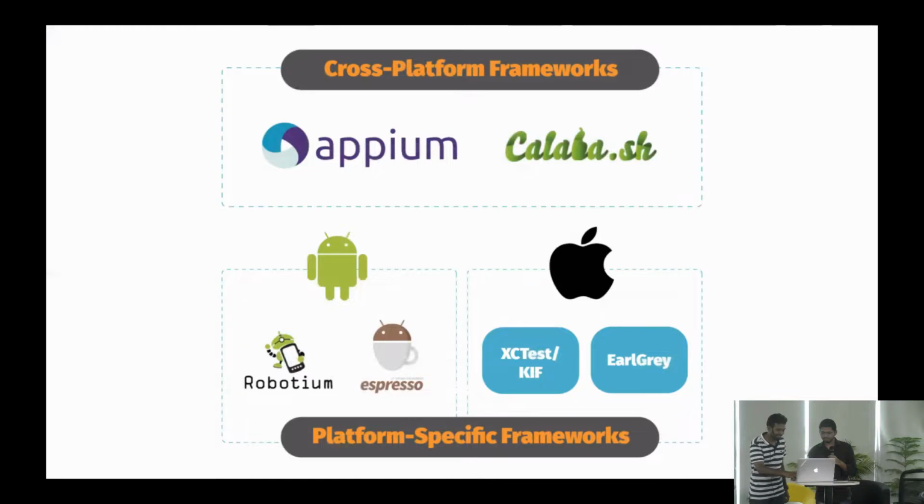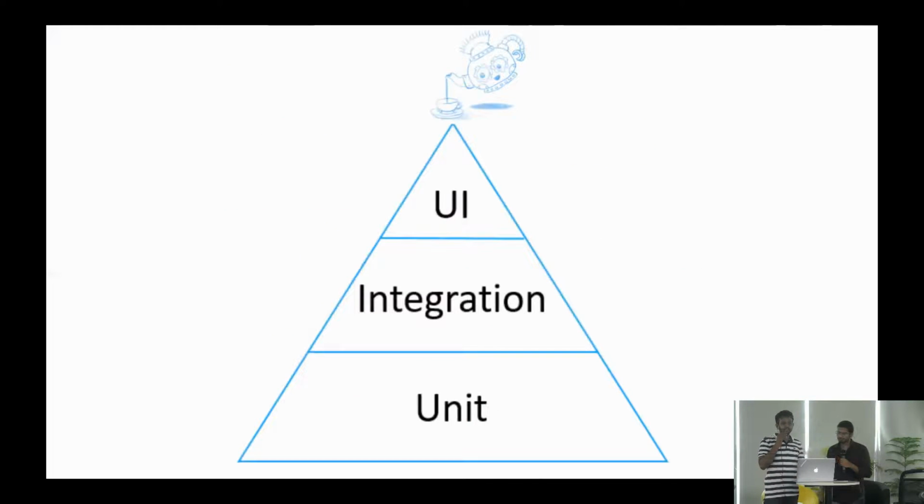Gaurav, let me stop you there. So I have a question for everyone here. Where do you think EarlGrey would fit in the test pyramid? I did call it out as an UI test framework. It is an UI automation test framework, but it is not advisable to do end-to-end testing using EarlGrey.